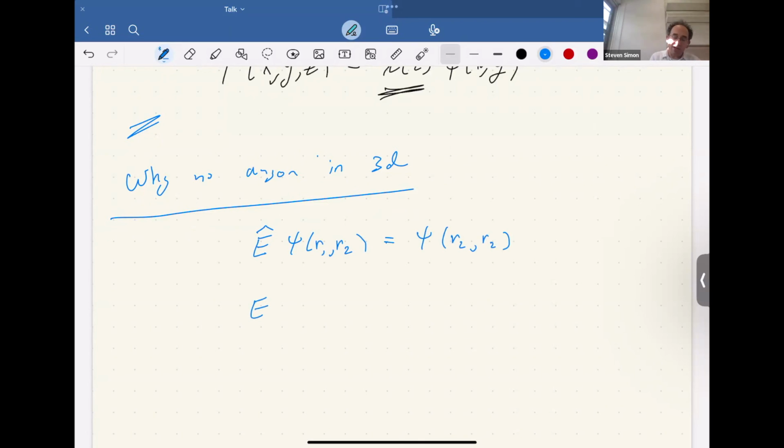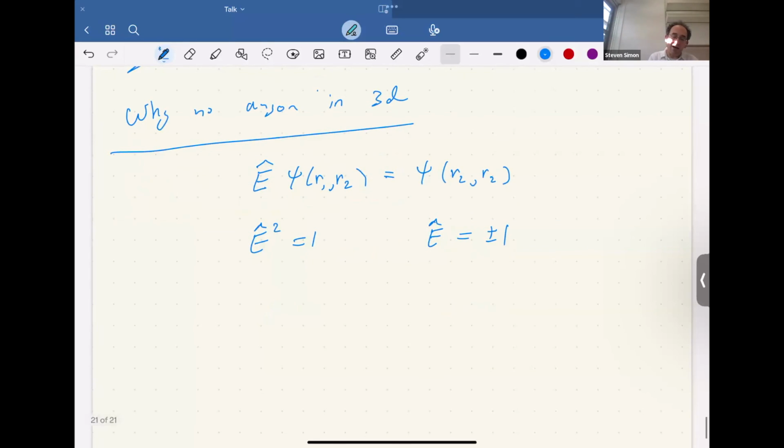Now, if you take the exchange operator and you square it, you get back to where you started. So exchange operator squared equals 1. That means the exchange has two possible eigenvalues, +1 or -1. If it's +1, we call it bosons, and if it's -1, we call it fermions. And that's the only possibility.